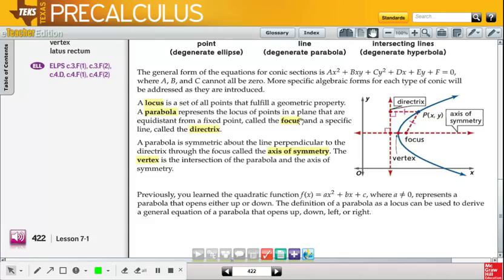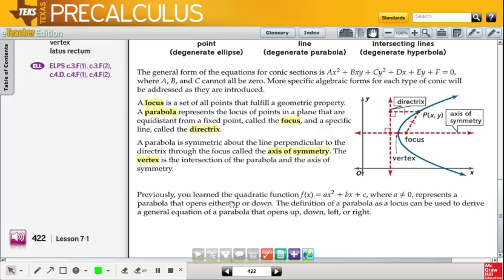Now the focus will help you find points when it comes to graphing or forming an equation. And then sometimes you might have to use the locus, which is the points, such as P of x comma y.